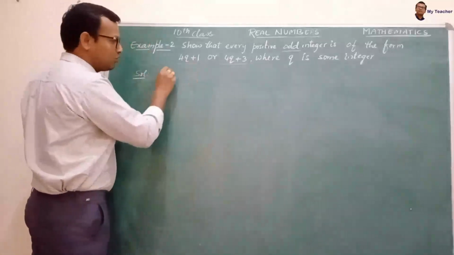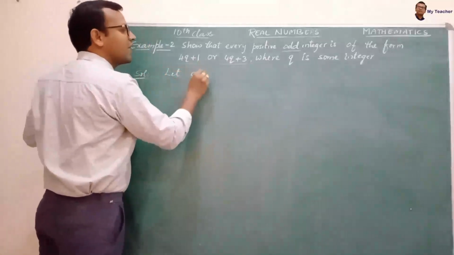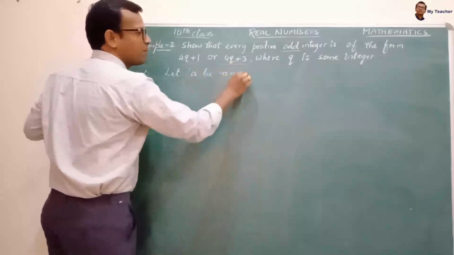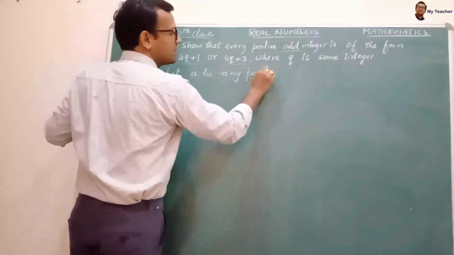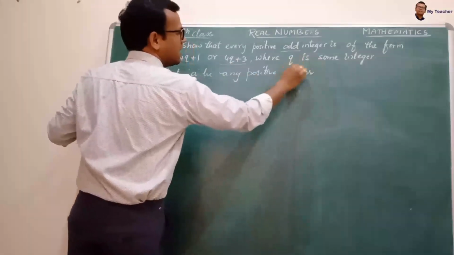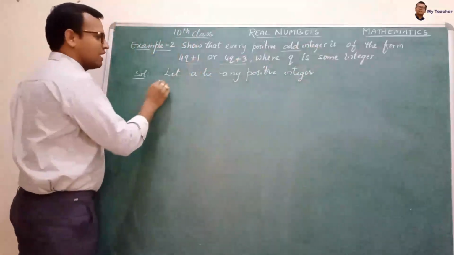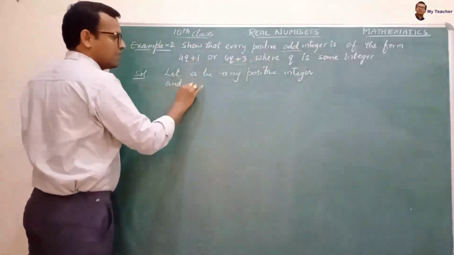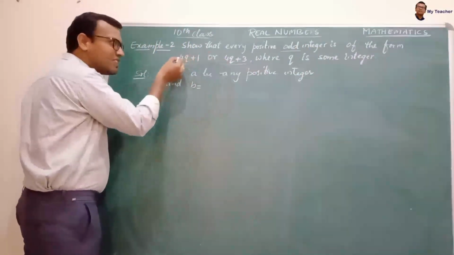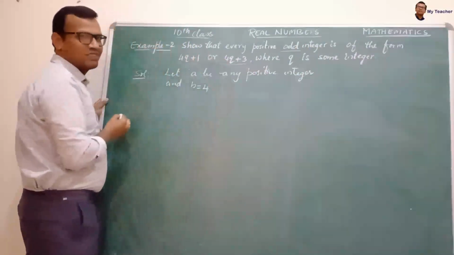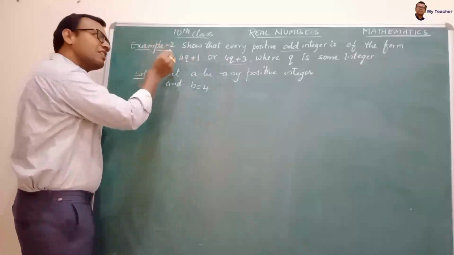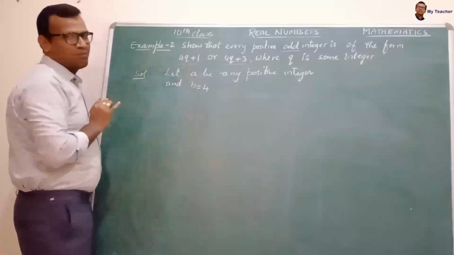We will assume that let a be any positive integer. So a is some positive integer and b is equal to, what value do we take for b? Yes, 4. So whatever they give in this, that number has to be taken as b.